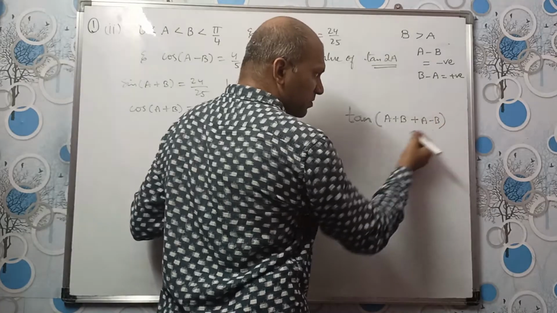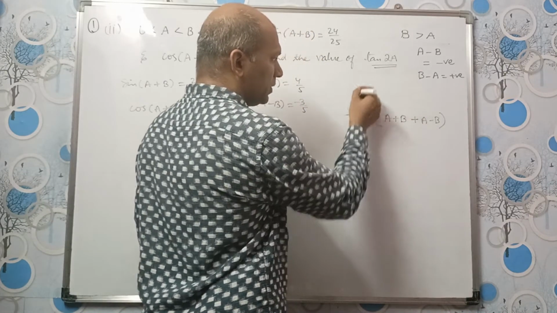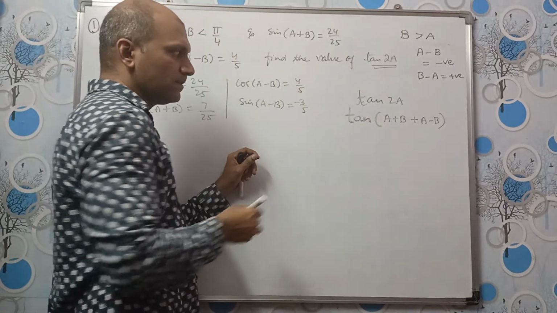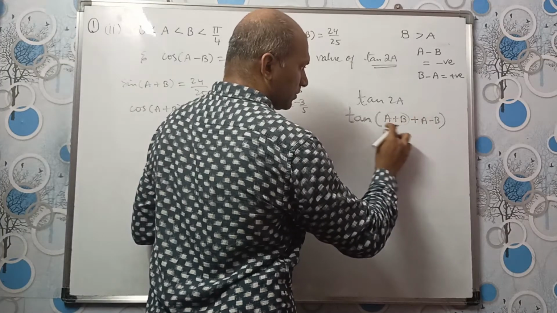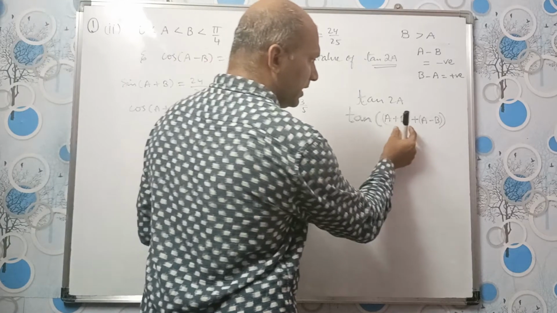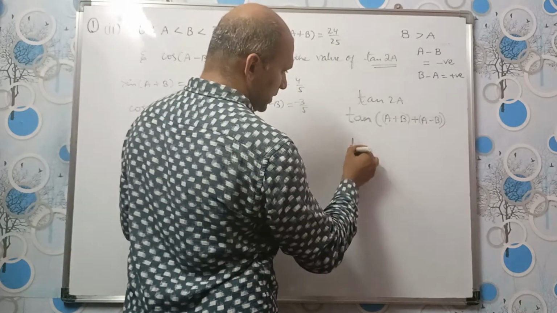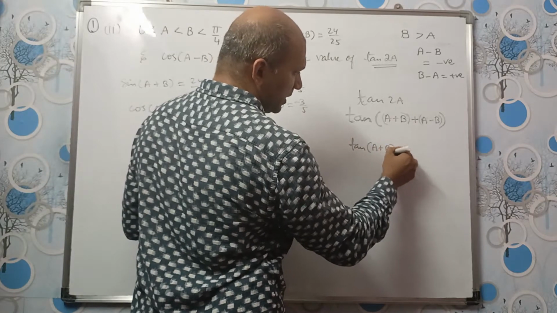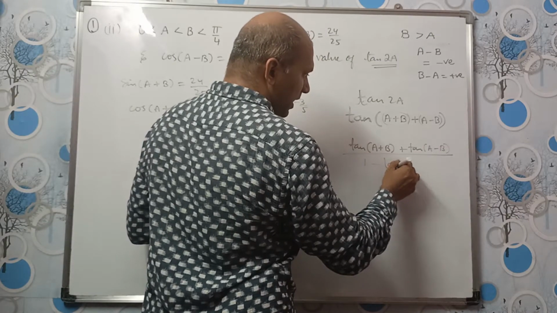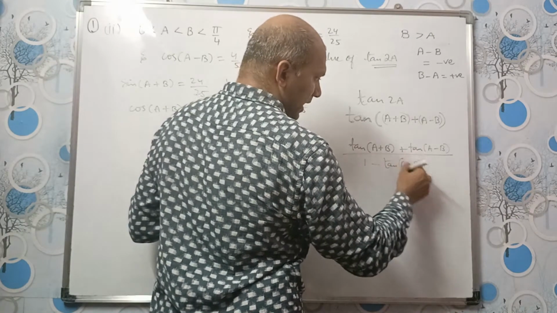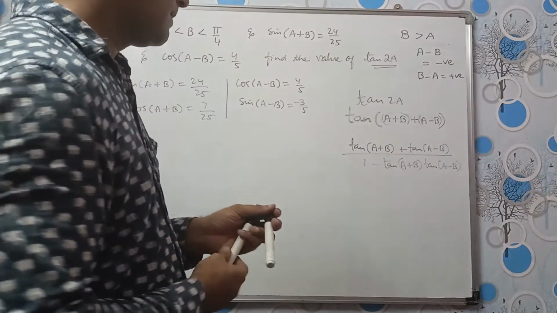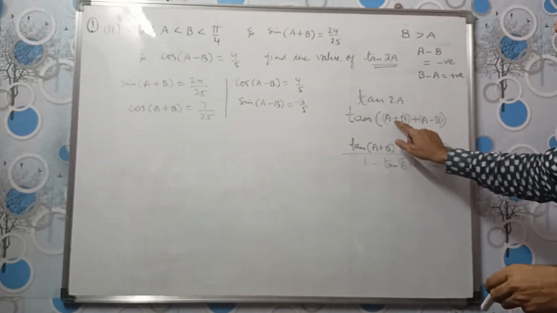See, plus B minus B will get cancelled. We'll have A plus A, 2A. So this is in fact equal to tan 2A only, right? So if you take these as two angles and expand the tan(A+B) formula, this will be equal to tan(A+B) plus tan(A-B) divided by 1 minus tan(A+B) tan(A-B).